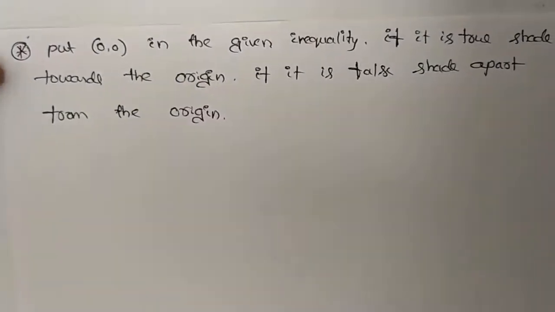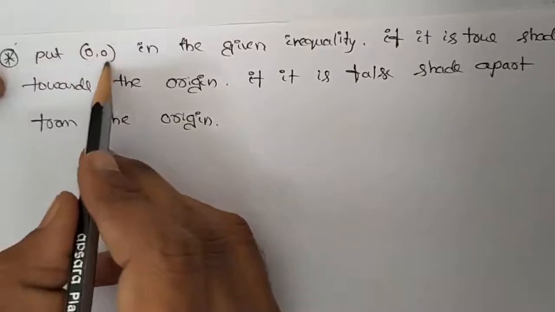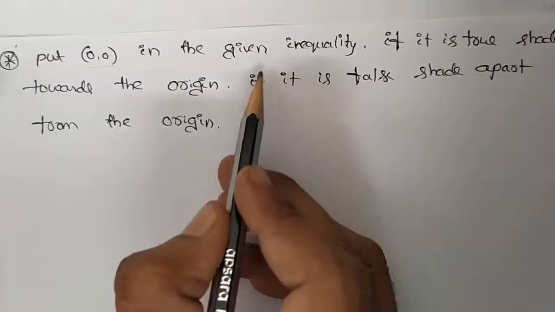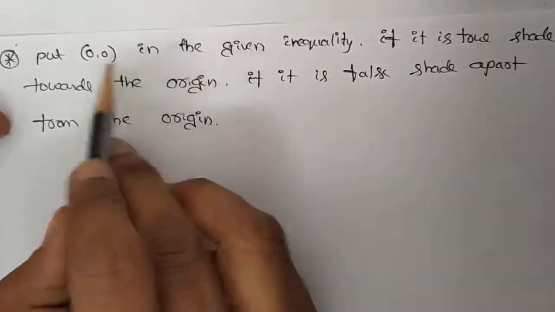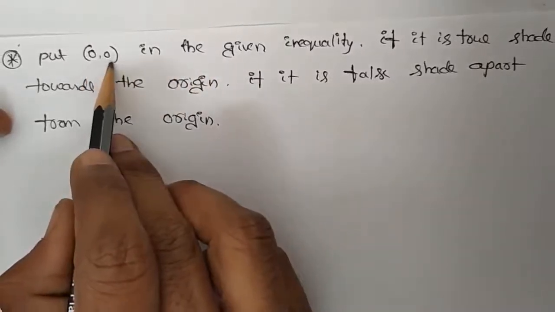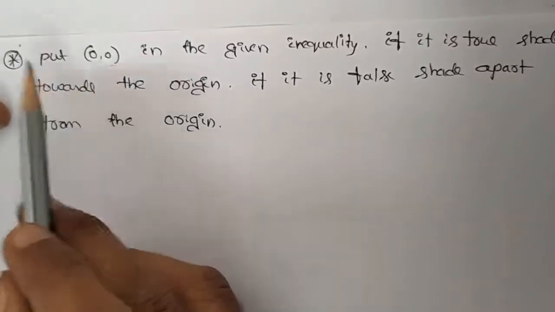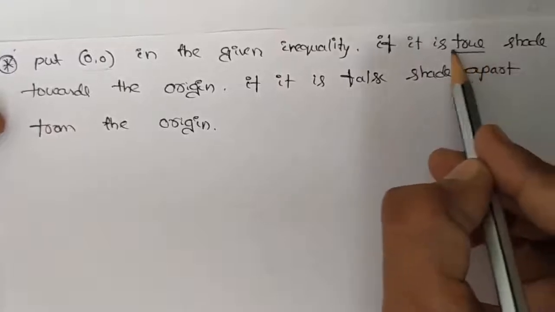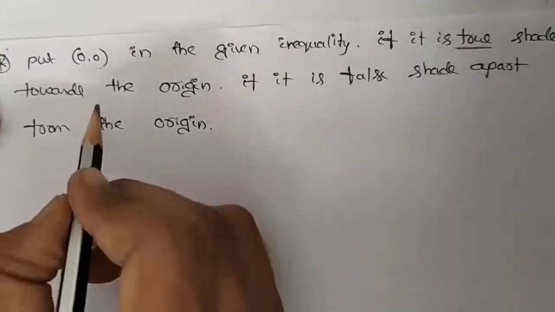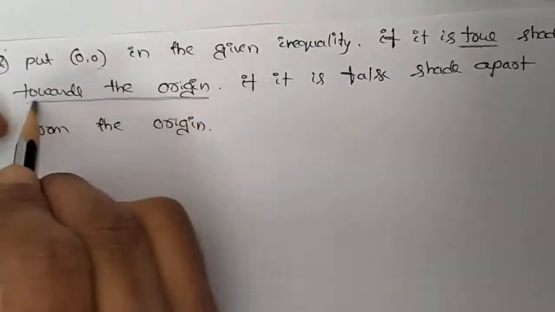Observe this point once again. In the fourth step, we substitute 0 comma 0 in the given inequality, in place of x 0, in place of y 0. If that inequality gives true, then we have to shade towards the origin in the graph.